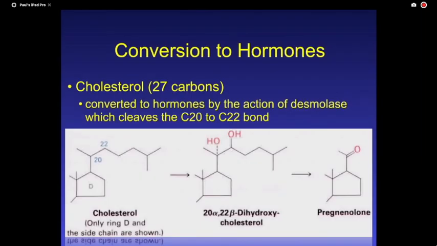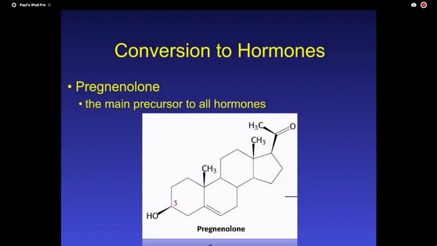If we change to the hormones, we are still hydroxylating, and we hydroxylate the 20 and 22nd position to get a dihydroxide, and then we break off the tail, that hydrophobic tail. Pregnenolone is the precursor to all of the steroid-based hormones. And so whatever hormone you have that is steroid-based, it comes from this particular structure, shortened.